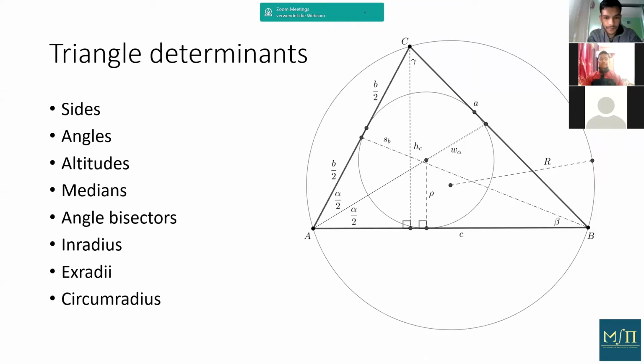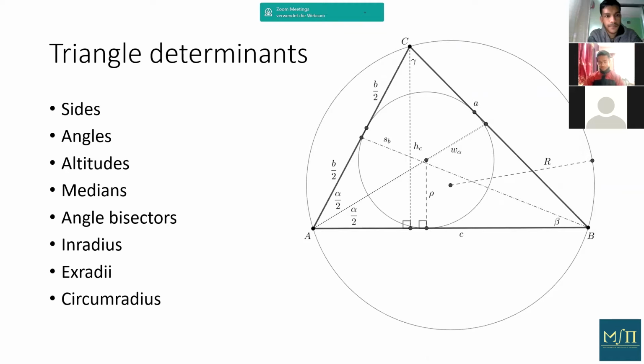But there are some standard constructions that I think are standard everywhere. Everyone knows how to construct a triangle if the lengths of the three sides are given. I think everyone knows if we are given the lengths of two sides and the size of the contained angle. So things like that are fairly well known.